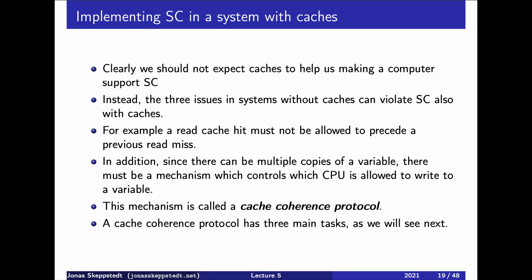And if that one misses, and the second one hits in the cache, then it may be very tempting to read the value that was available for the second read, but that is not permitted.